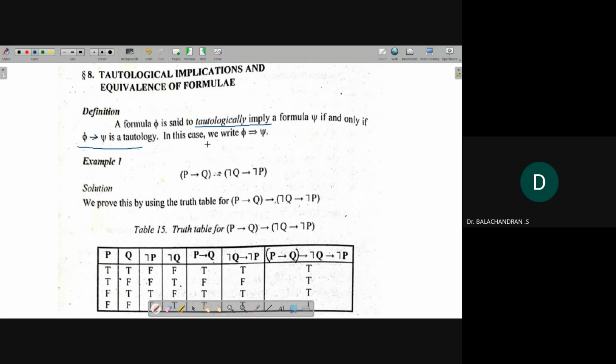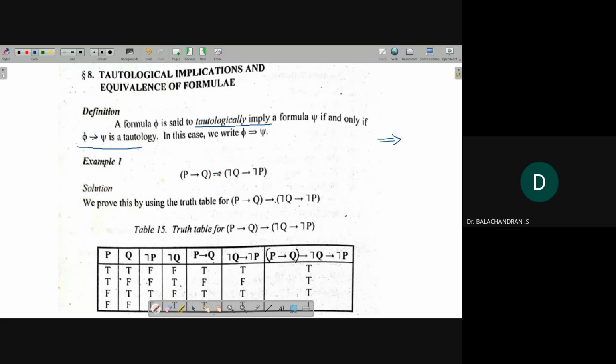In this case we write phi tautologically implies psi. So if phi implies psi is a tautology, then you can write phi tautologically implies psi. For example, in the first example, P implies Q.